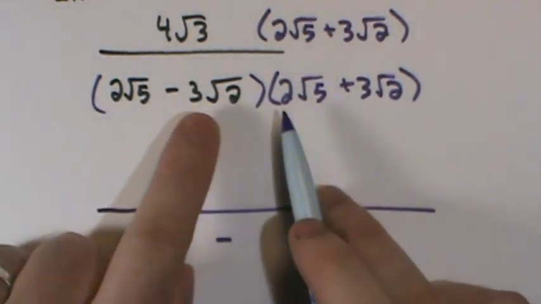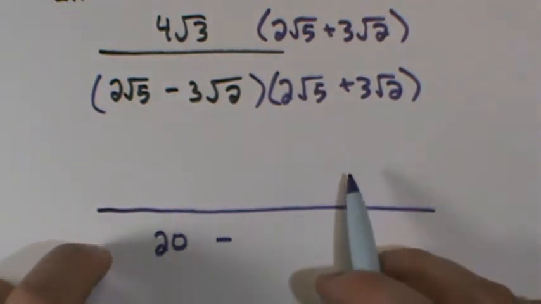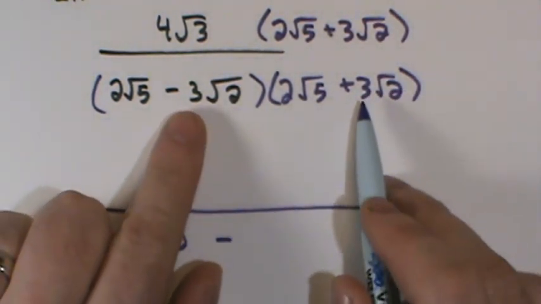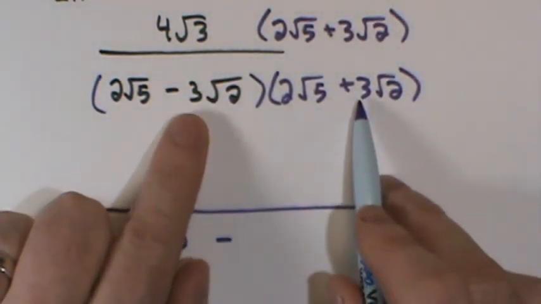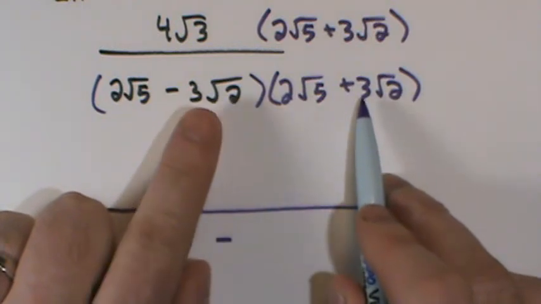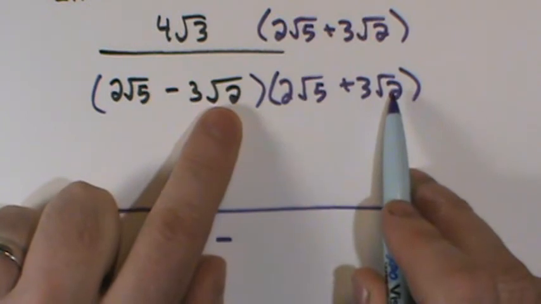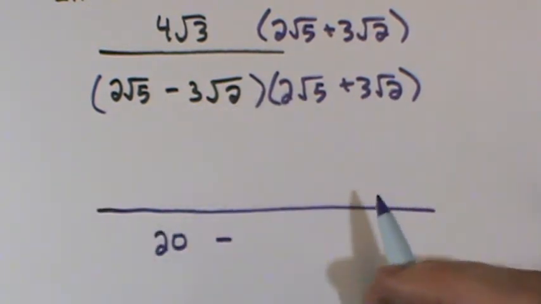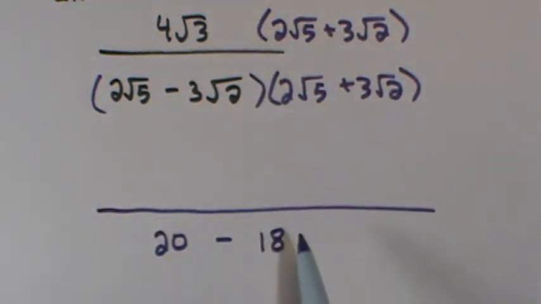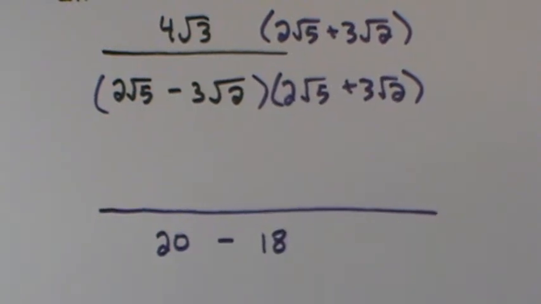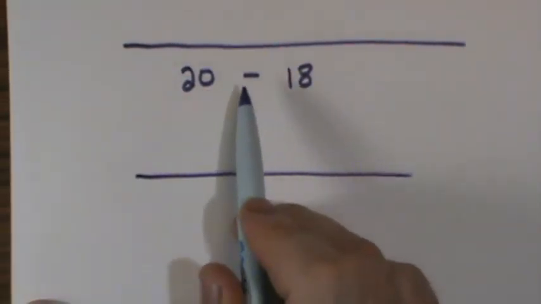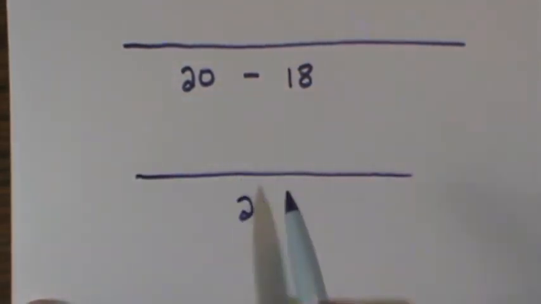Outer, outer, inner, inner drops out. As I look with the last with last, 3 times 3 is 9. Rad 2 times rad 2 is 2. So this is 9 times 2. 9 times 2 is 18. 20 take away 18 is just 2.